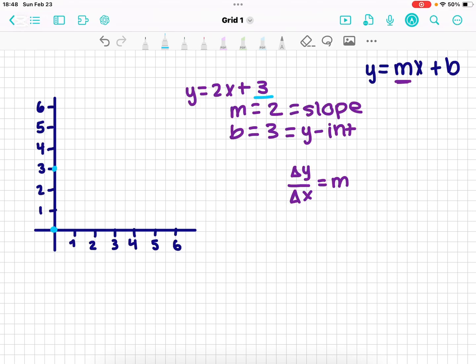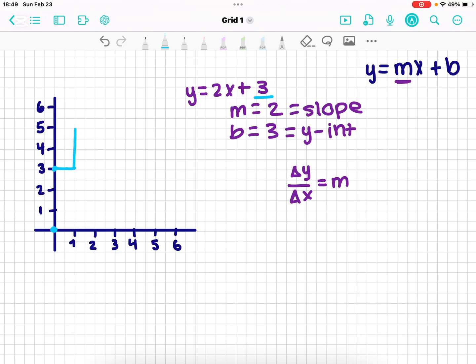As I said before, the slope of 2 means that for every 1 unit you move to the right, you go up by 2 units. So if we start at the y-intercept, which is 3 in this case, we're going to move 1 unit to the right and 2 units up to find the next point.